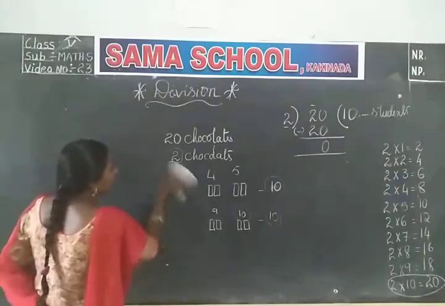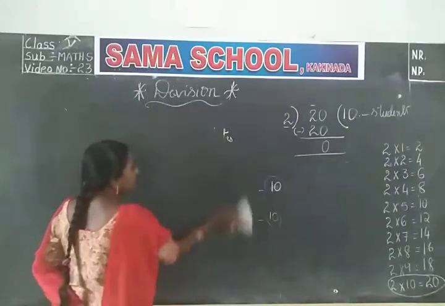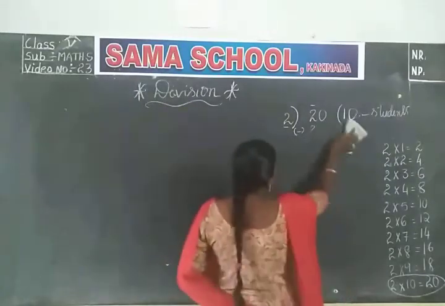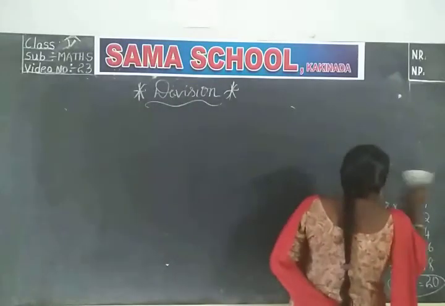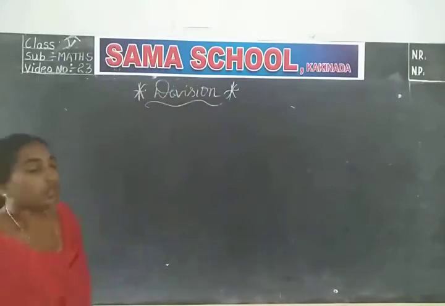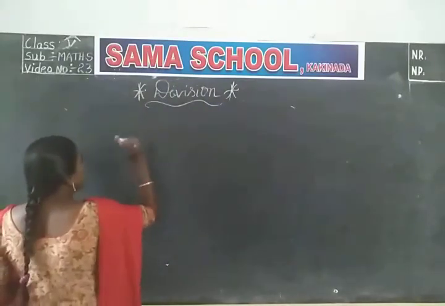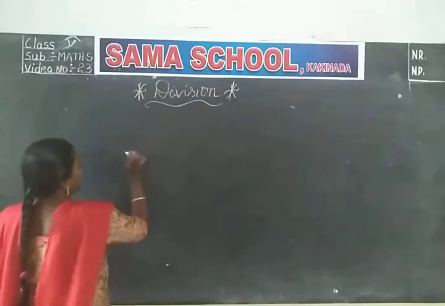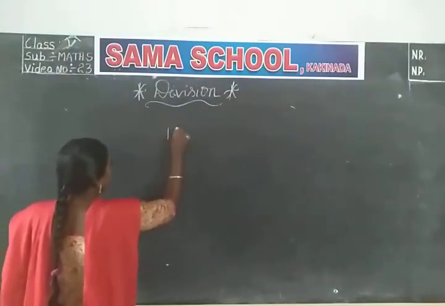See here. Just now I told you this division is known as repeated subtraction. Why is this division known as repeated subtraction? We will see. Okay? For example, division is nothing but repeated subtraction. For that I am showing you an example.